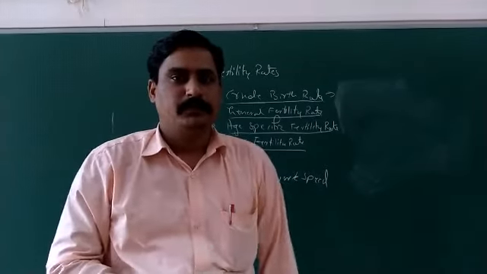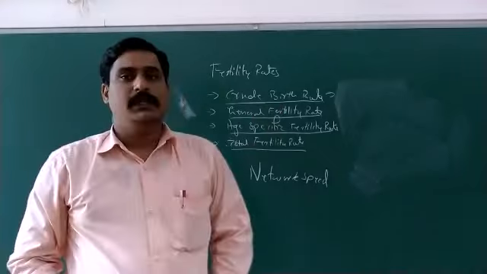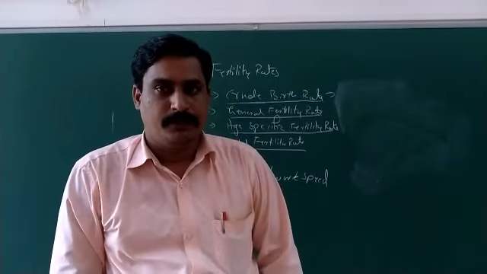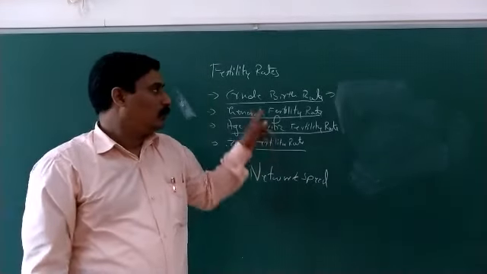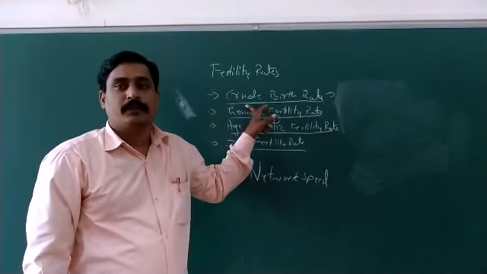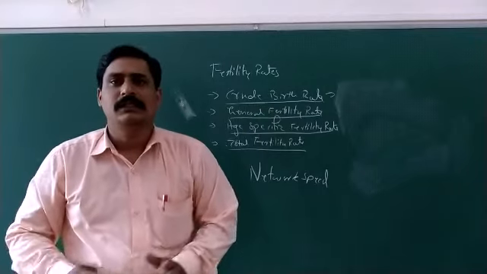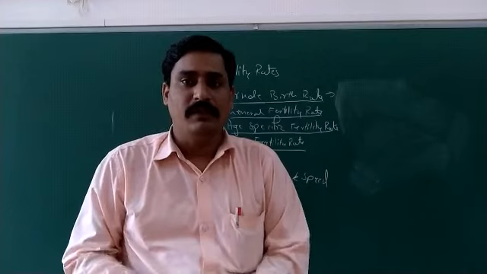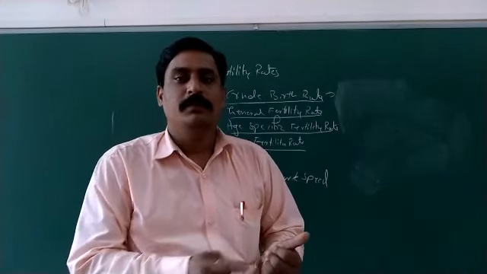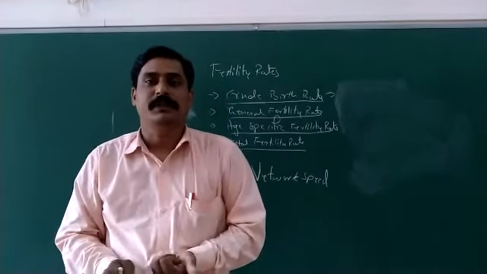So here the first one, crude fertility rate or crude birth rate. Crude, the name itself indicates, crude means kacha, so it doesn't separate or segregate. It's a mix up of everything, a mix up of both male and female population.